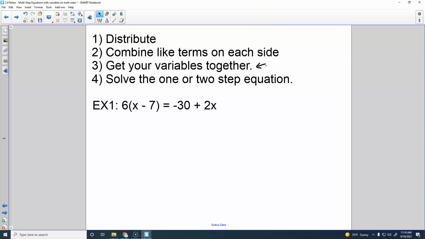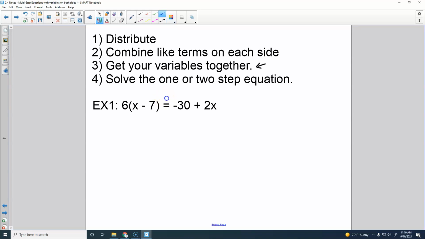All right, you can go ahead and copy down that first example for us there, too. Okay, so we've got 6 times x minus 7 equals negative 30 plus 2x.